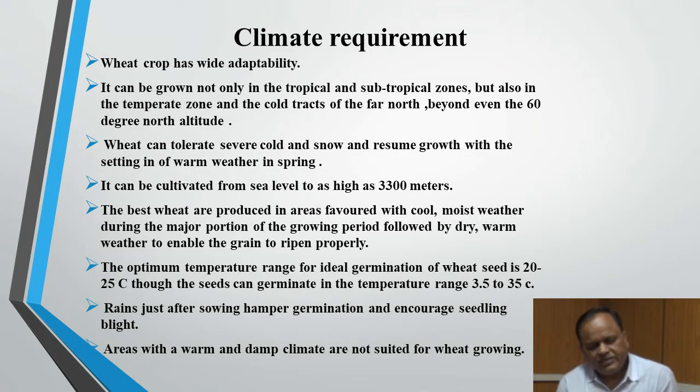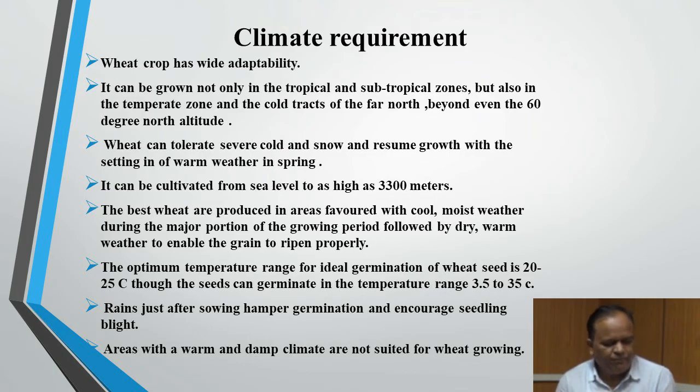The optimum temperature range for the ideal germination. Actually, question arises when we should sow the seeds of the wheat. What will be the ideal temperature? What will be the optimum temperature when we should sow the seeds? So the optimum temperature for ideal germination of wheat seed is 20 to 25 degrees Celsius.